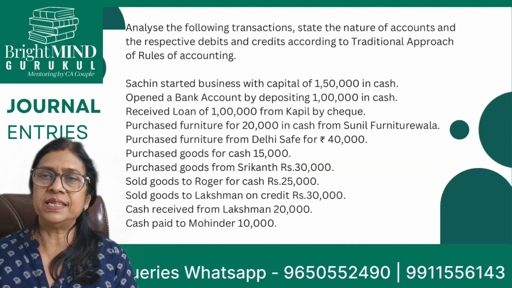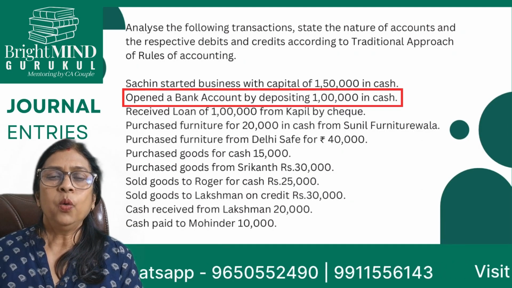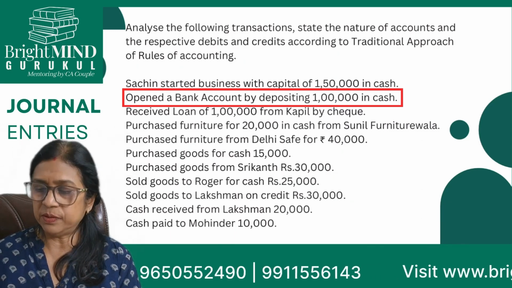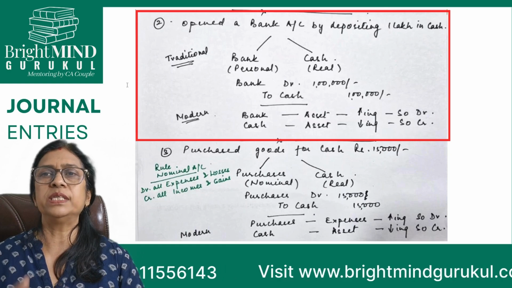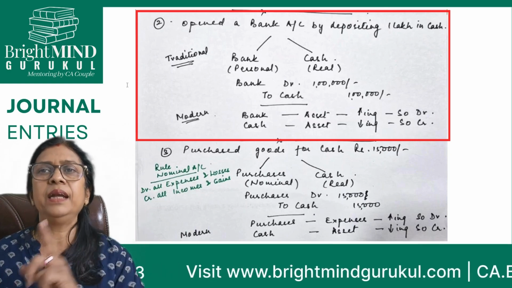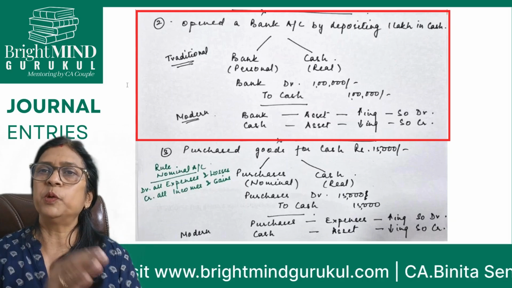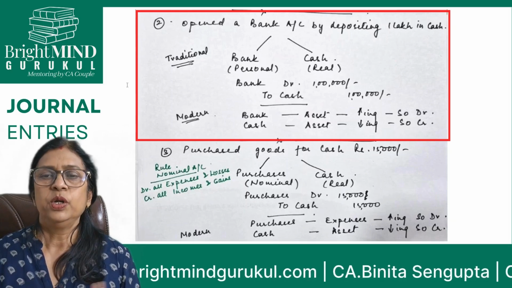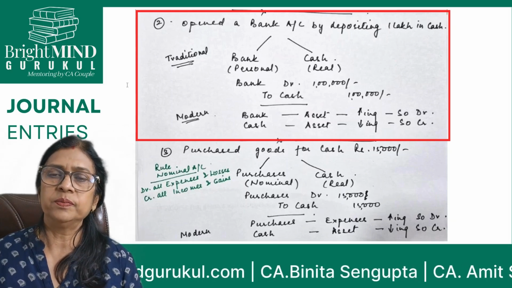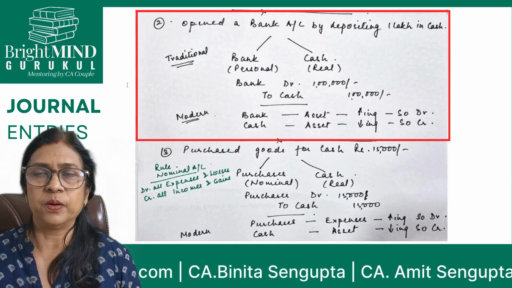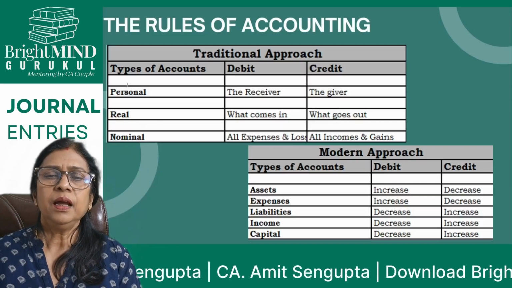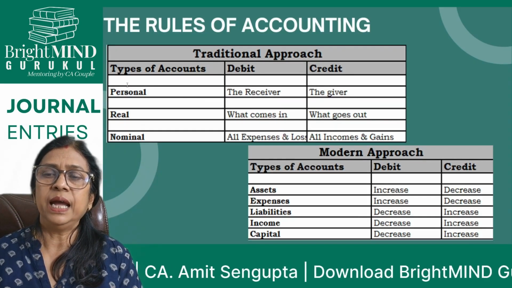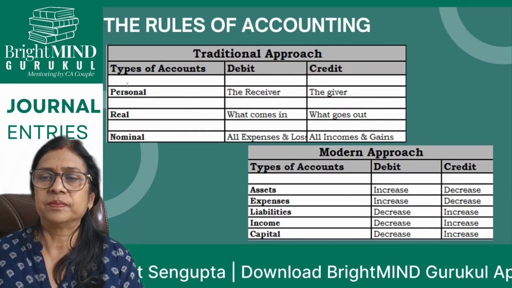Now coming to the second example, opening a bank account by depositing 1 lakh in cash. Here also, the two accounts involved are bank and cash. Cash is being deposited into the bank. Bank is a personal account and cash is a real account. For the personal account, the rule is debit the receiver and credit the giver.